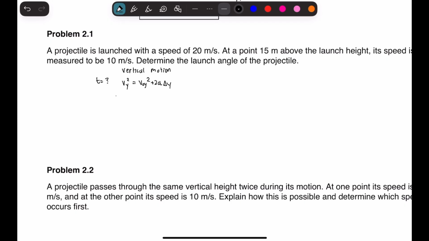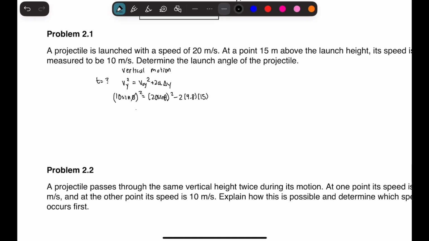And we can write this as 10 sine of the other angle squared is equal to 20 sine of theta squared minus 2 times 9.8 times delta y, which is 15.